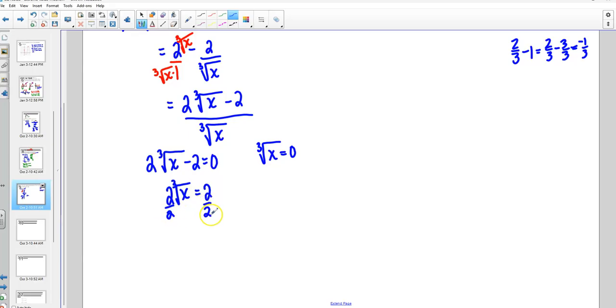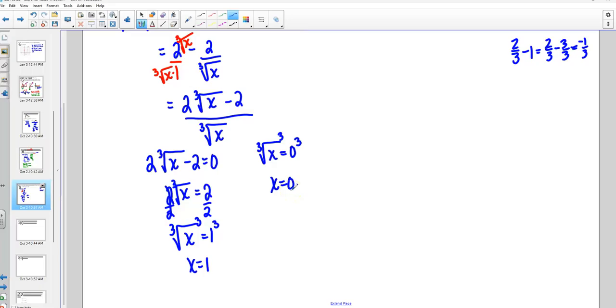I'll need to divide by 2, so the cube root of x will equal 1. How do I get rid of a cube root? Cube. So I cube both sides, which is actually still just 1 there. Over here, I would cube both sides, which just gives me 0 for that.